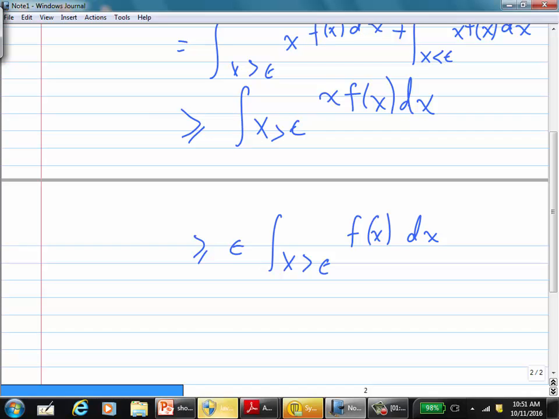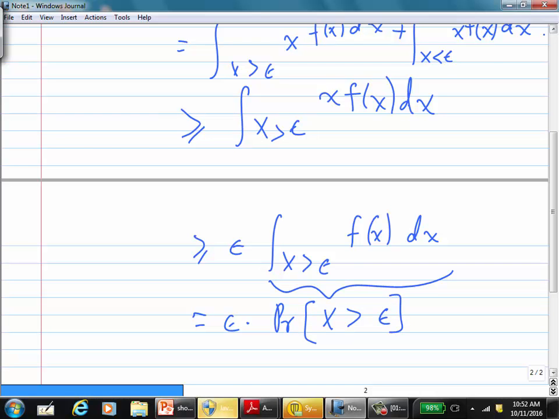What is this quantity? If you take the probability density function and integrate it over x greater than epsilon, what is that? It is nothing but the probability that x is greater than epsilon. So this is equal to epsilon times the probability that x is greater than epsilon.